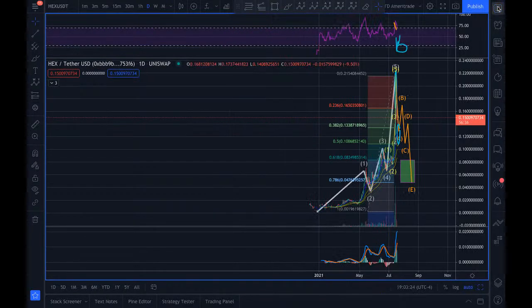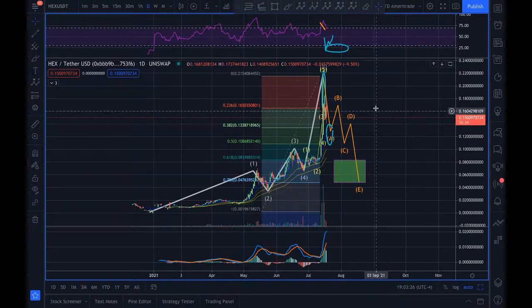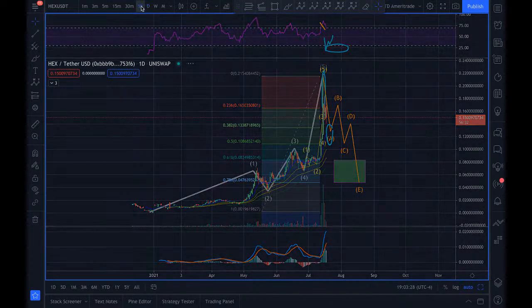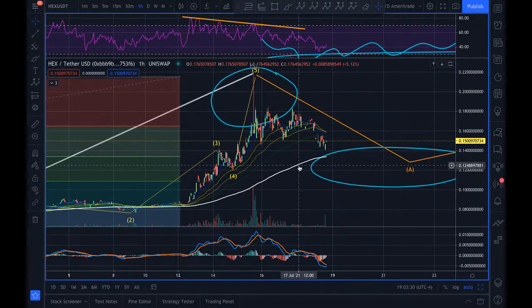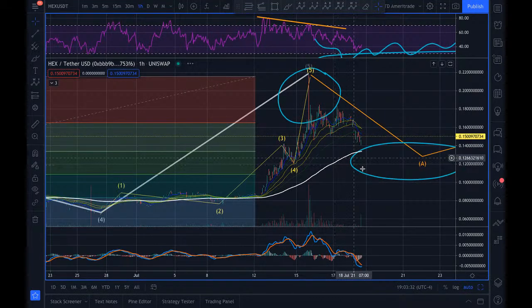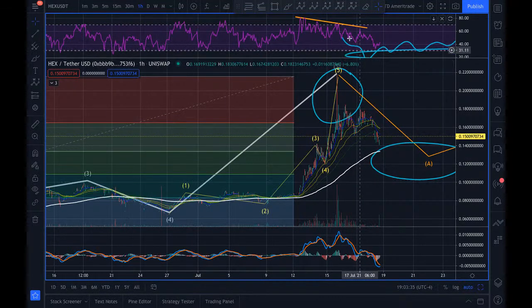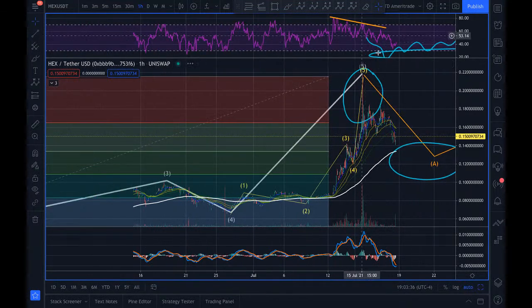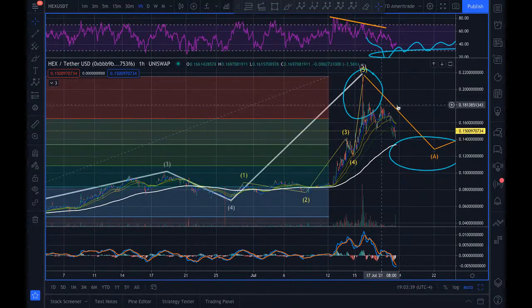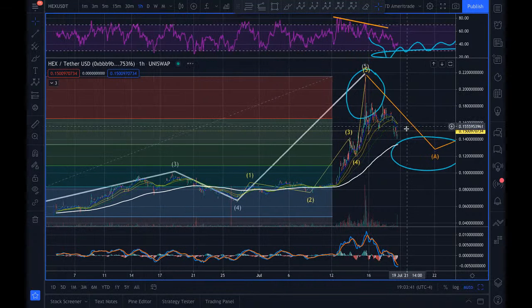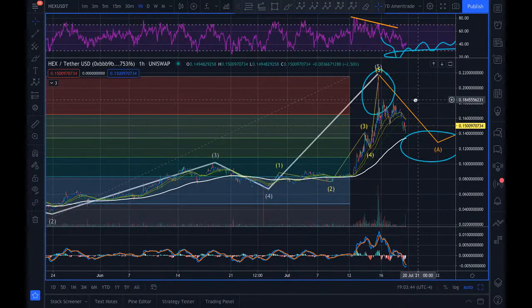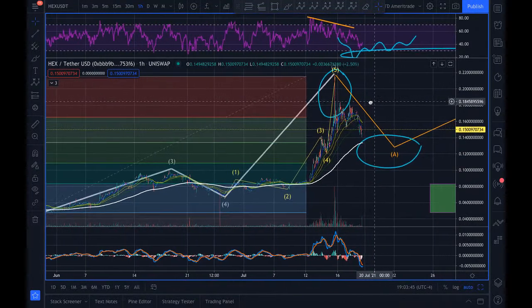Hex. All right, well, it looks like it's heading down in the direction that I predicted. I mean, my drawings are aging well. All right, all right, all right. Not that I need any confirmation.